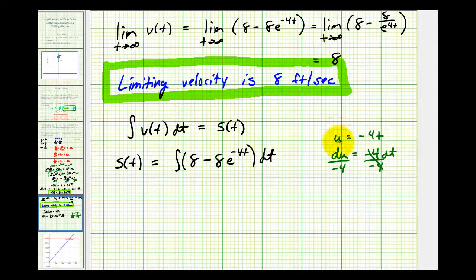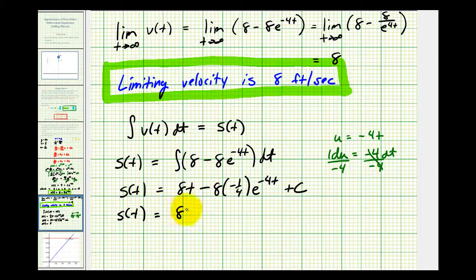So when performing the substitution, we'll have an extra factor of negative 1/4. So s of t is going to be equal to 8t minus 8 times negative 1/4 e to the negative 4t plus c. So simplifying here, we'll have s of t equals 8t plus 2 times e to the negative 4t plus c.